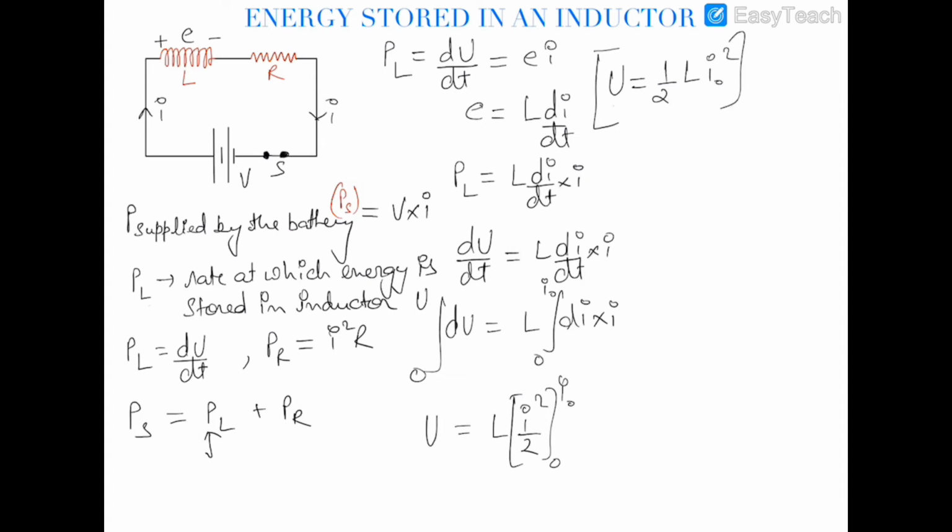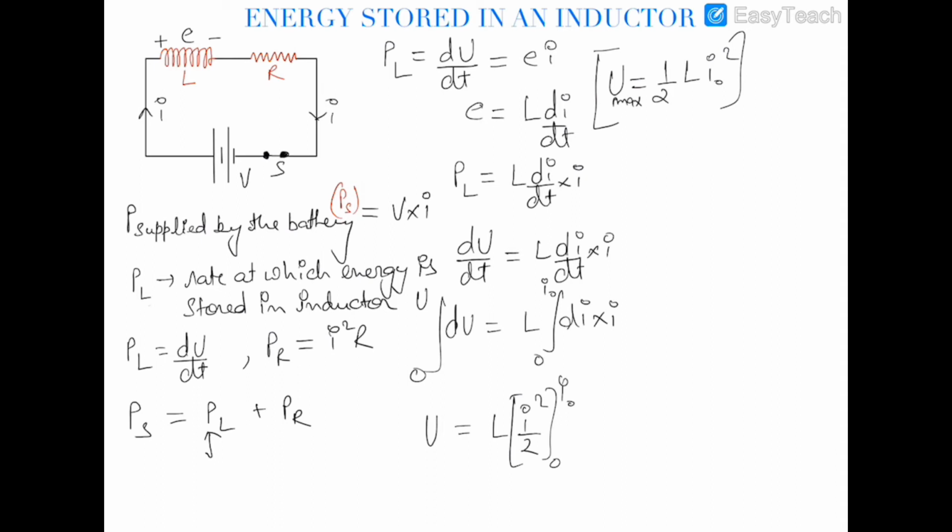This is the maximum energy which can be stored in this inductor, and at any instant, if we need to find out the energy, then we can say that this energy would be equal to half L I square, where I would be the current at that instant only. So this is the formula for energy stored in an inductor.